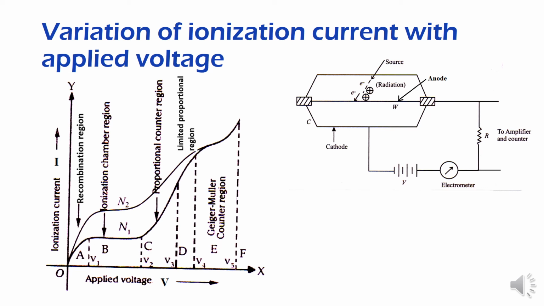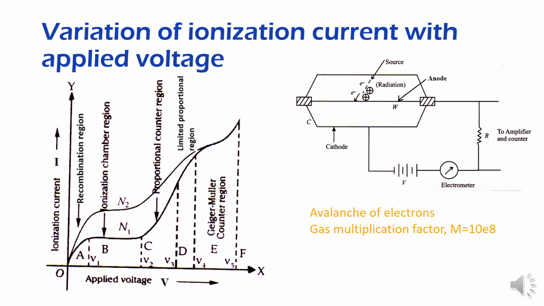A high current we are going to get, a sudden increase in the electron and ion pairs takes place, and this particular effect is called as avalanche of electrons, avalanche effect. Avalanche effect means as soon as the primary ionization begins, the secondary ionization will spread throughout the chamber. A sudden increase in the number of electrons takes place, and in this voltage region, the gas multiplication is very high.